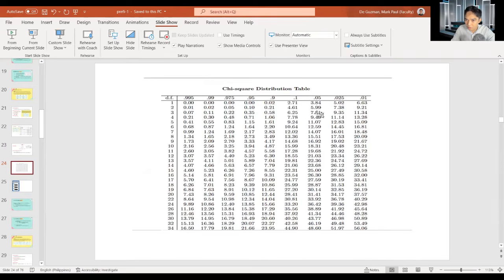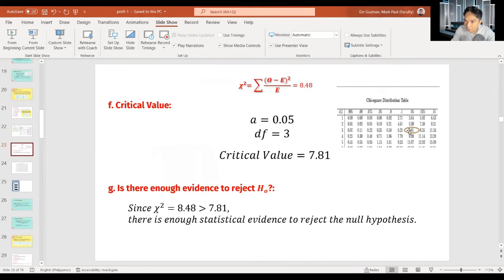So, we have 7.81. Saan sila mag-meet? 0.05 tsaka 3. Okay? At ayun na nga yung ating critical value.